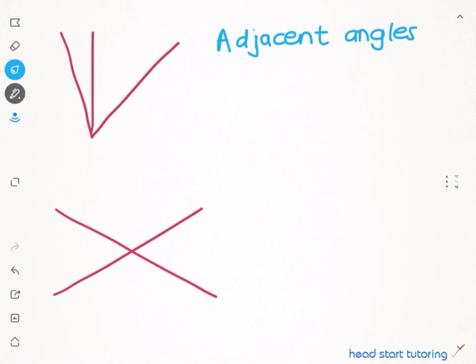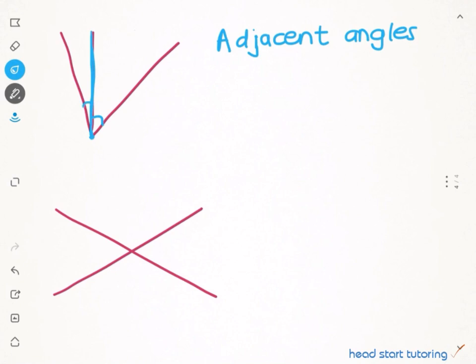Right, adjacent angles are angles that share a common side. So there's a common side and a common vertex, which means a point there. Those three lines join at that center point, which is called a vertex. Because there is our common side, there are our two adjacent angles.